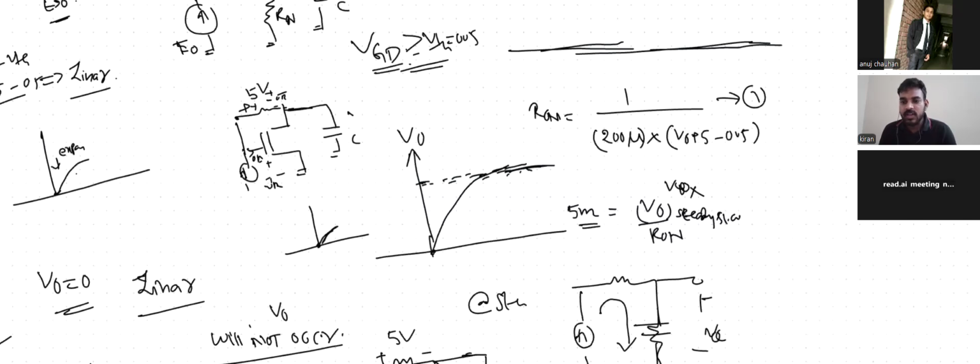If I solve this, I will get the V naught steady state value.